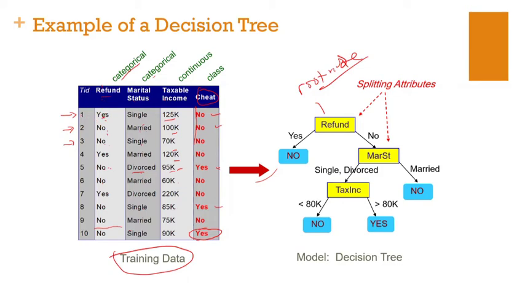This person has a refund, yes. This one is no, this one is no, this one is yes. Since refund has only two values, yes or no, the data is divided into just two branches: refund yes, refund no.